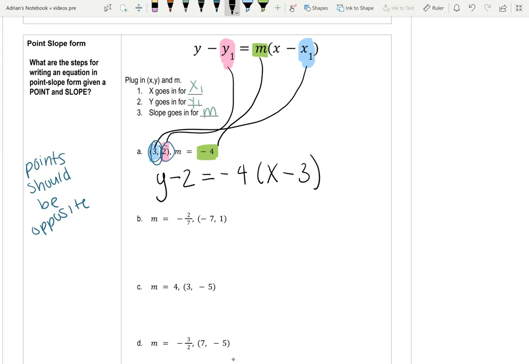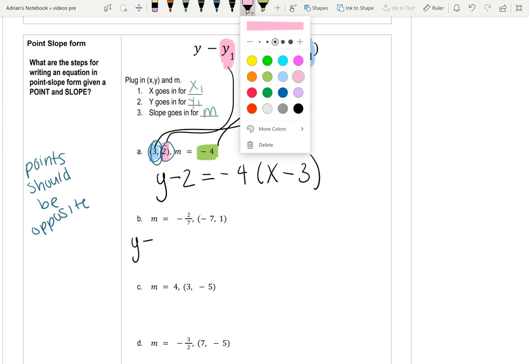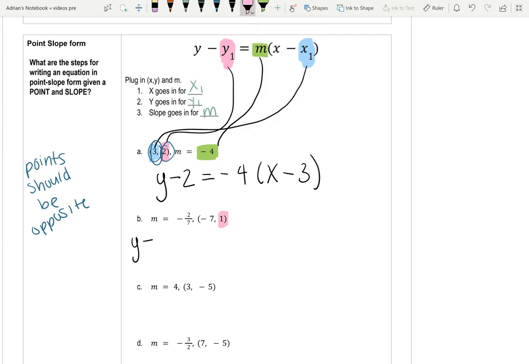So I have y minus, and I'm doing my y1. So my y1 is this point right here, 1. So y minus 1 equals, and then I have my m, which just comes first this time, -2/7, and then x minus my x1, which is -7. So now here, it's x minus -7. So whenever you have a double negative, remember it turns into a positive.